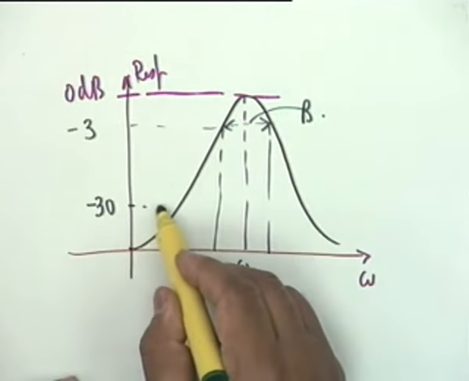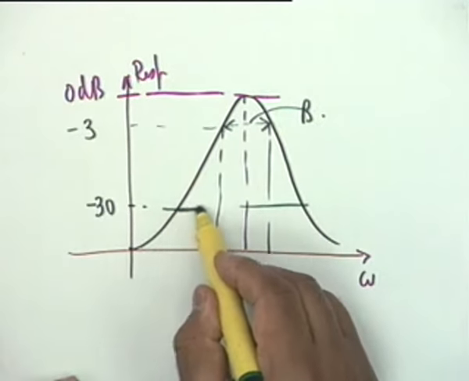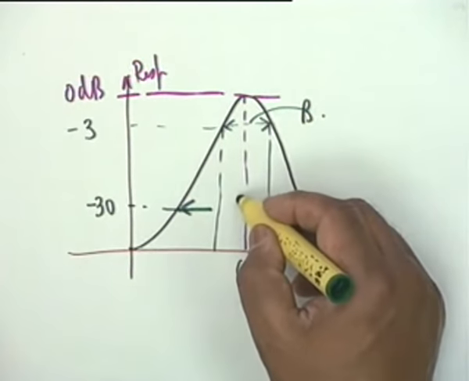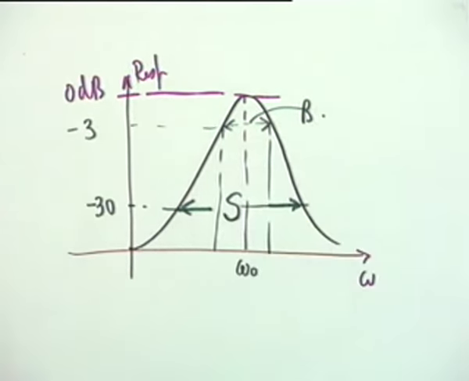That is when the characteristic falls down by 30 decibels from the maximum. This is denoted by capital S. These are the three parameters that are used.